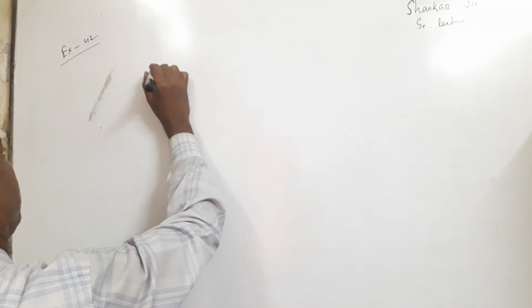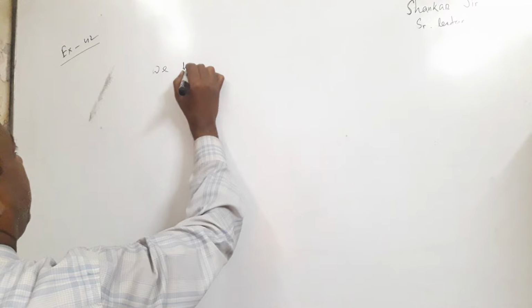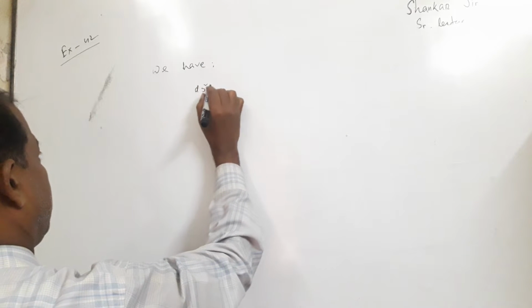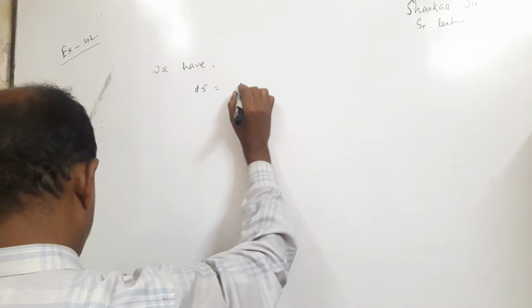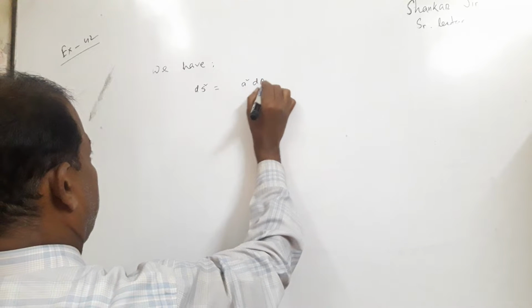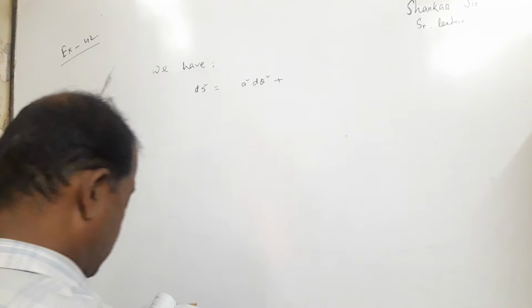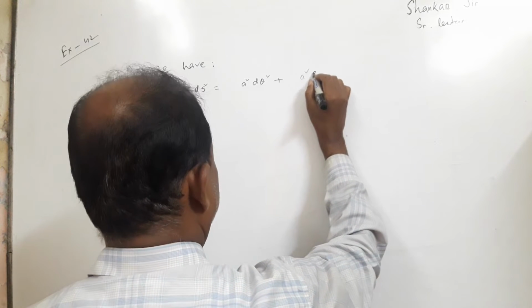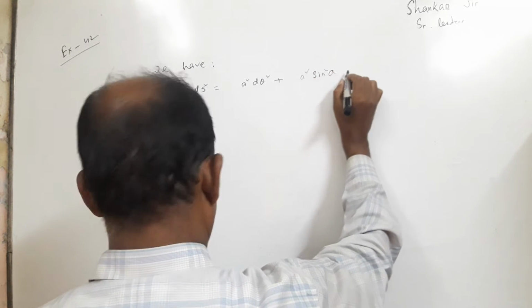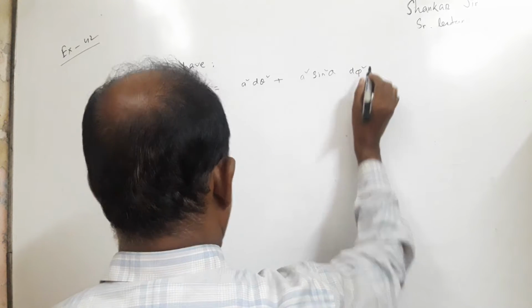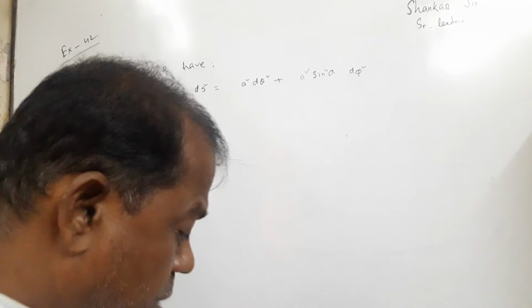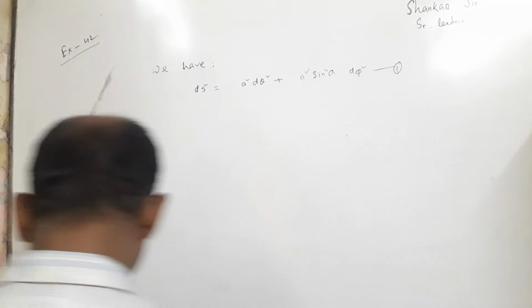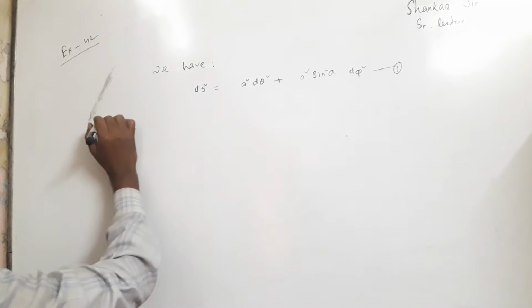Firstly, we have ds square equal to a square d theta square plus a square sin square theta d phi square, which is the first equation, number 1.